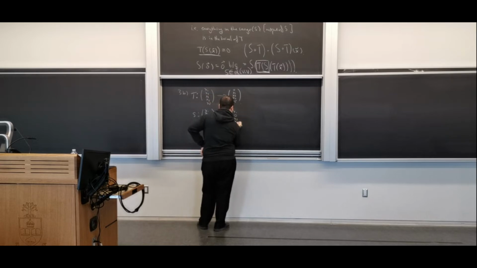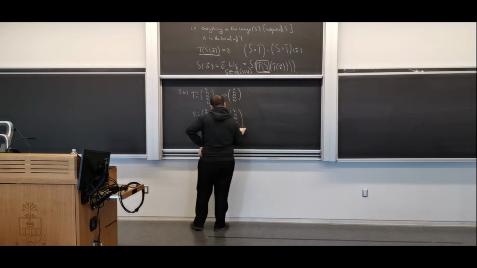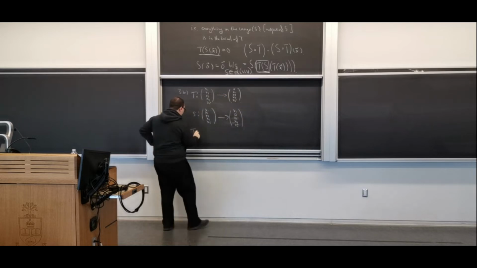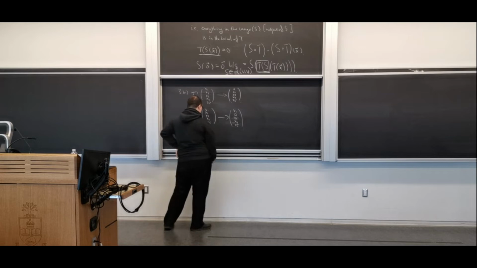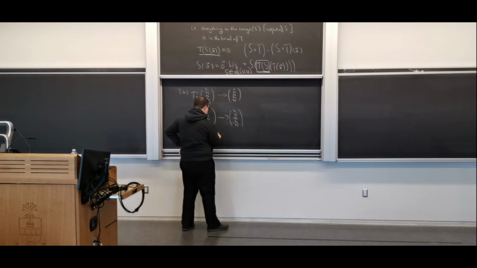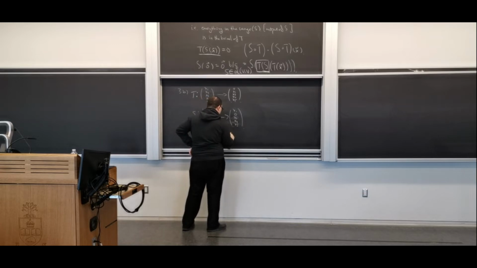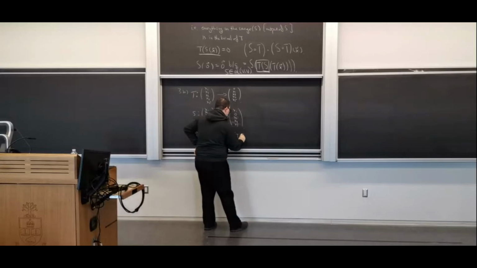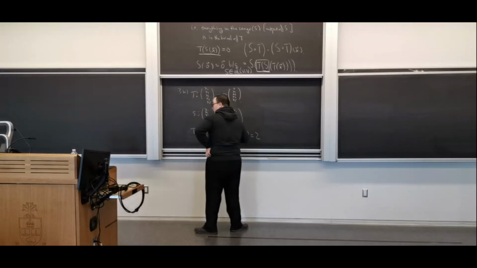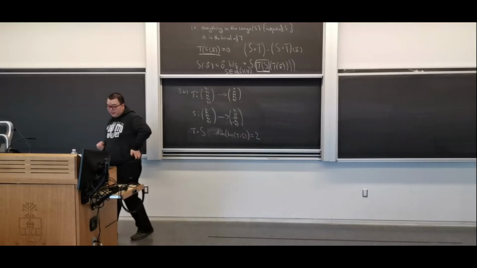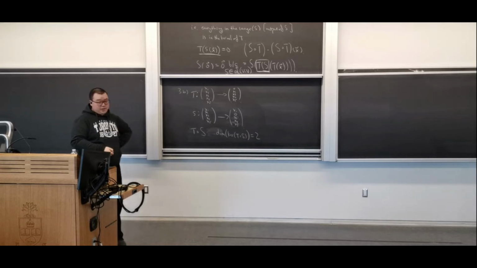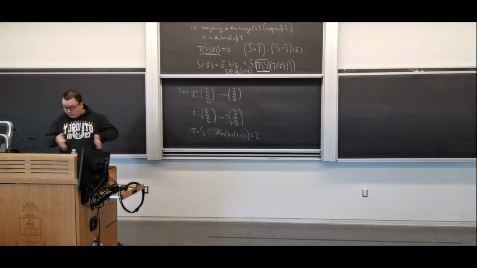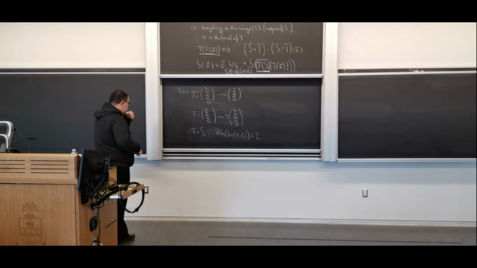No x5. x3, x4, x5. Now, T composed with S has a kernel dimension of 2. And you just need to prove to me why that's the case. And that's enough to prove that it is not a subspace because it is not closed under composition.